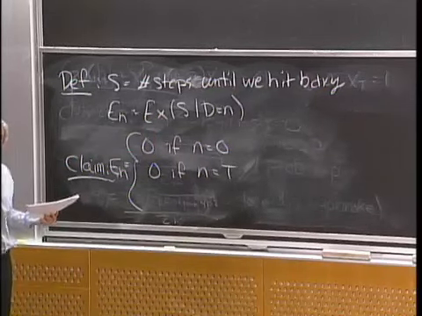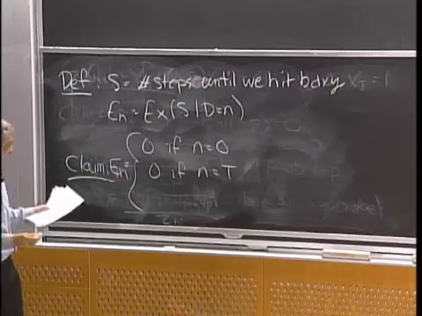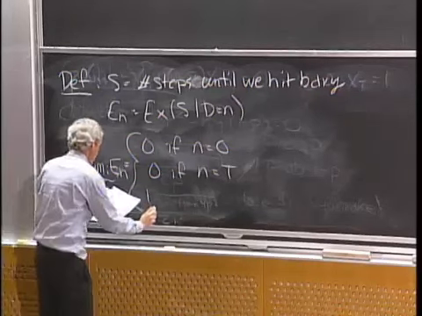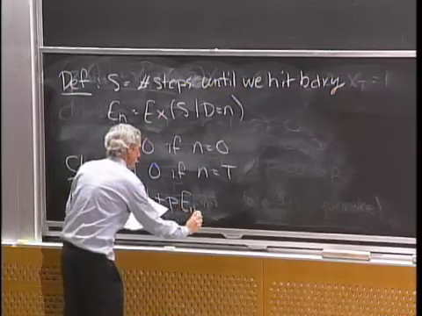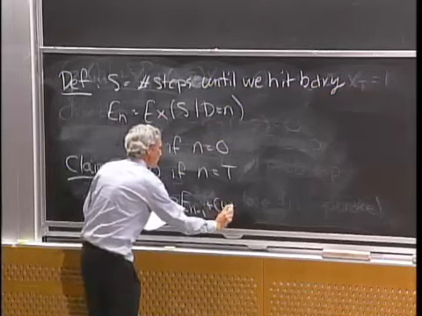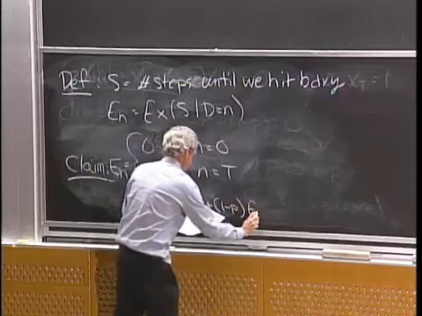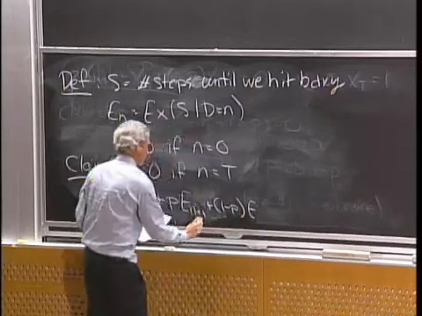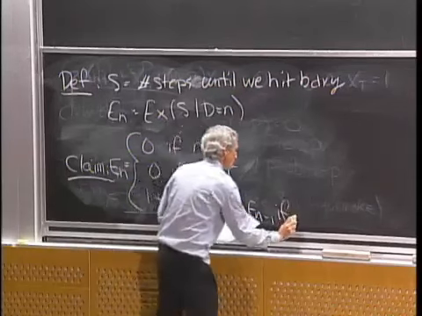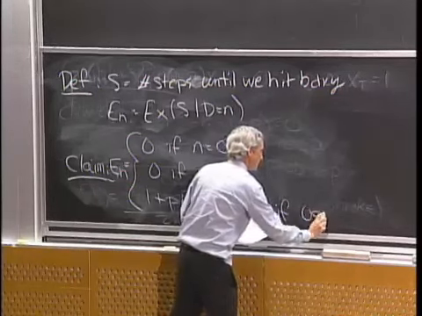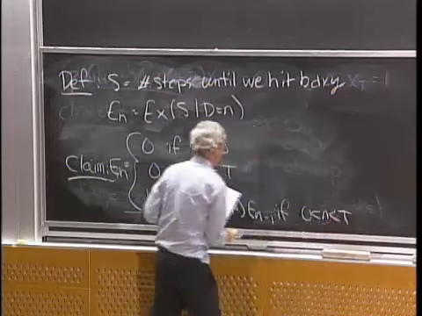There's no bets because we've already hit the upper boundary. And the interesting case will be it's 1 plus p times E(n+1) plus (1 minus p) times E(n-1), if we start with between 0 and t dollars.